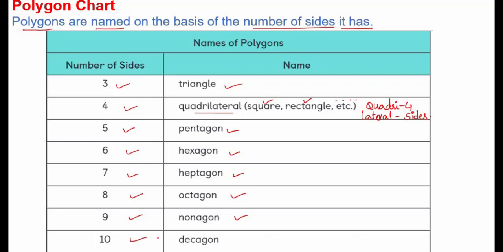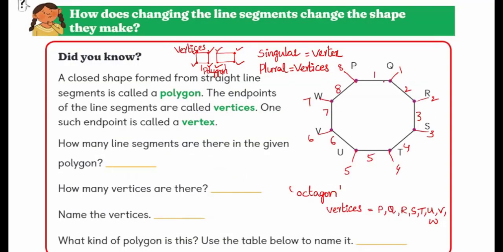A polygon with 10 sides is called a decagon. You have to learn these names of polygons based on their sides. Previously we discussed this polygon. It is having 8 sides, so it is an octagon.